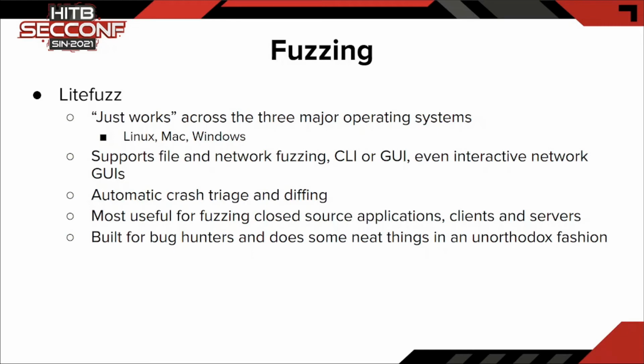It has automatic crash triage and diffing. Once it detects a crash, it will run a debug session. It will do diffing for the input file to show you exactly what changed, and a whole bunch of other artifacts. So it's most useful for fuzzing closed source applications.